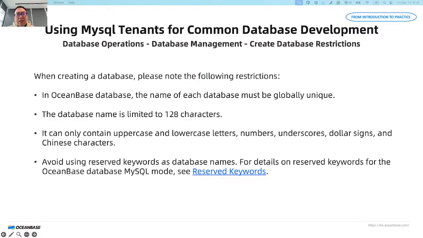And the third, it can only contain uppercase and lowercase letters, numbers, underscores, dollar signs, and Chinese characters. The last one, avoid using reserved keywords as database names. For detailed reserved keywords for OceanBase MySQL mode, please refer to this link.